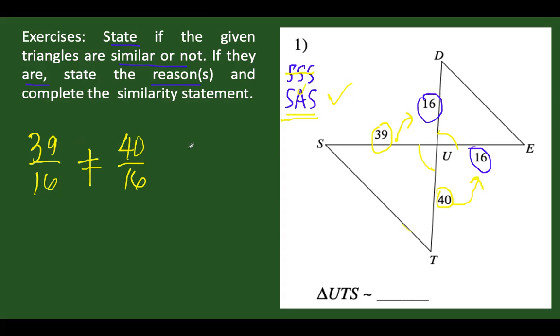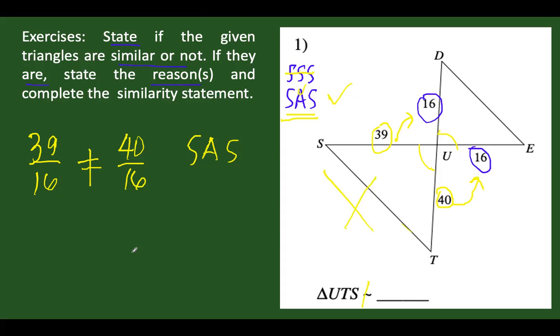Therefore, SAS does not apply here because there's no proportionality in the given corresponding sides of the two triangles. So we could say that these two triangles are not similar.